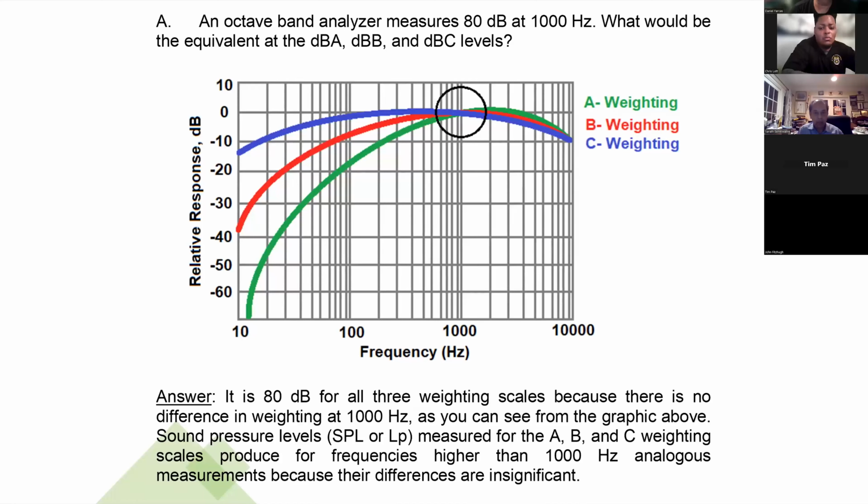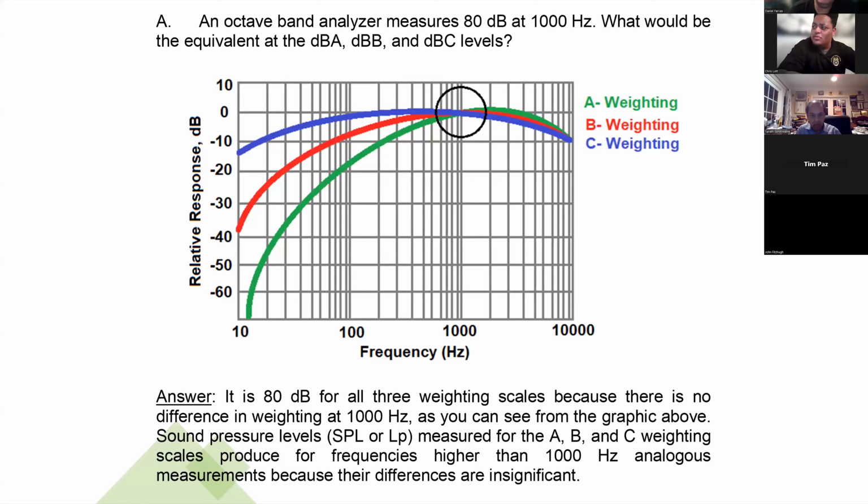And this is an octave band analyzer that measures 80 decibels at 1000 hertz. What would be the equivalent for dBA, dBB, and dBC levels? So there are 3 different types of weighting, right?